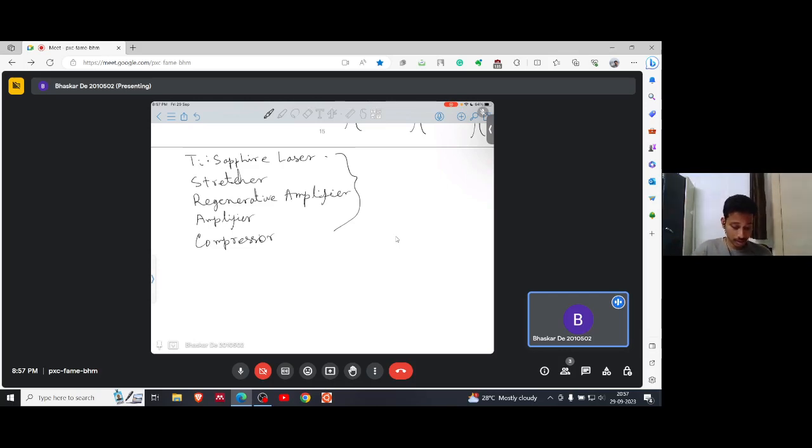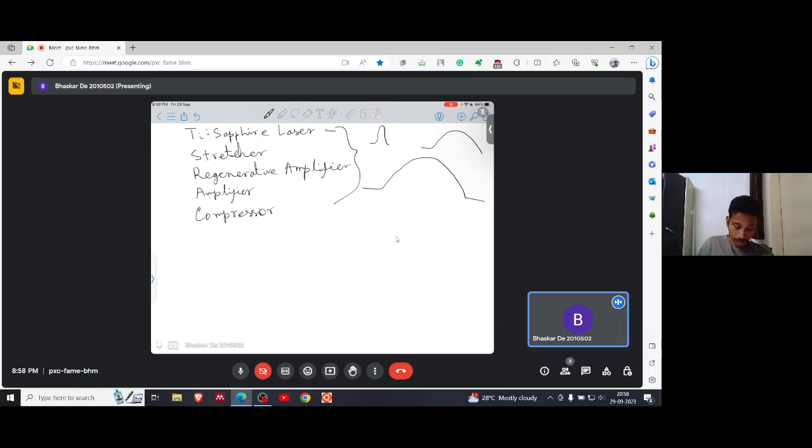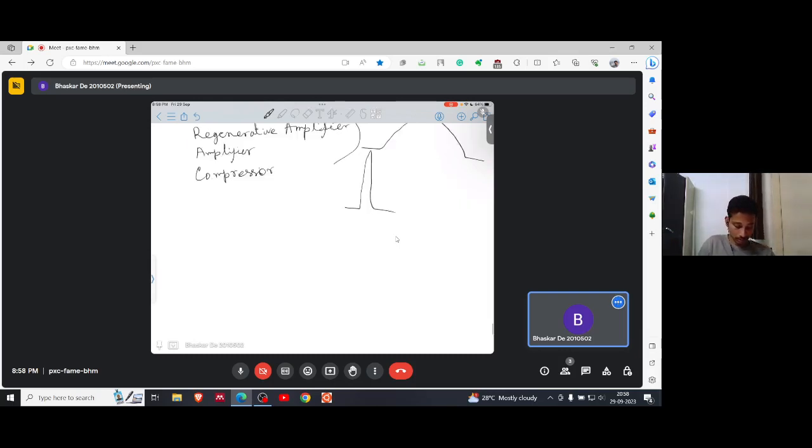So first the laser is generated in a certain condition, then it is stretched. So basically we have a laser pulse like this, and then after the stretching it will be like this, and then it will be amplified like this, and after that this will be compressed. So basically the whole pulse is compressed. Then we will have a very sharp peak. So basically we will have a small pulse to a very large pulse.